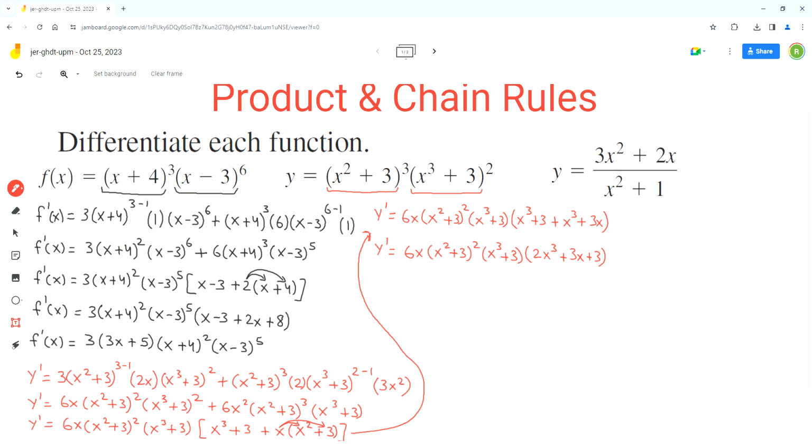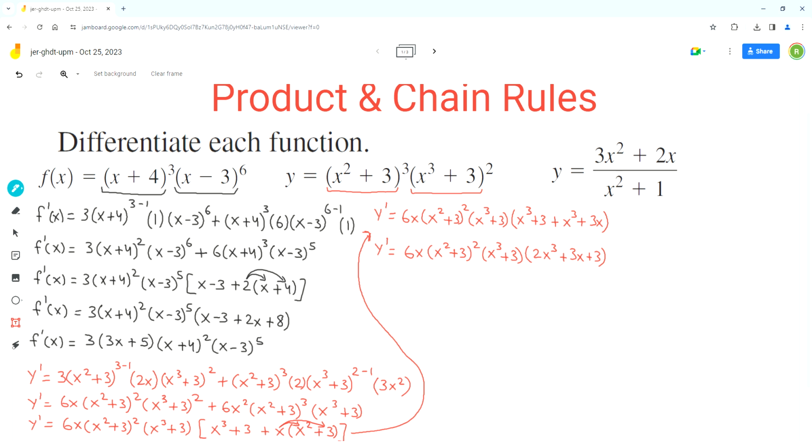Now we can find the derivative of the third function. So I'll use a different color for that. Now the third function is a rational function. In order to simplify it, we can use the quotient rule, or the other option is to use the product rule and chain rule. So if you want to use the product and chain rule for this expression, the first step is to move the denominator to the numerator by making the exponent on it negative.